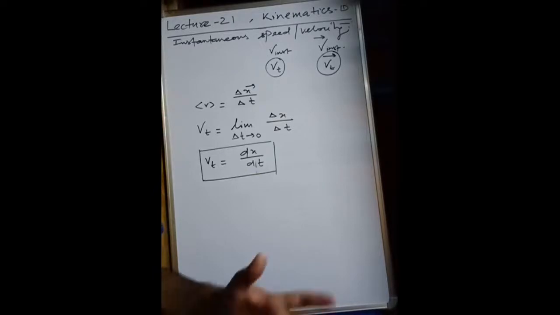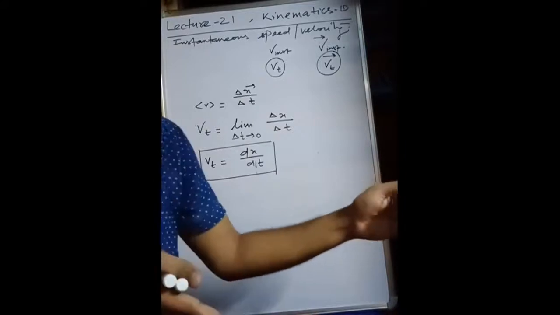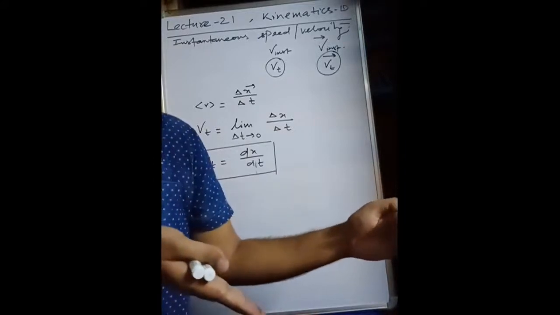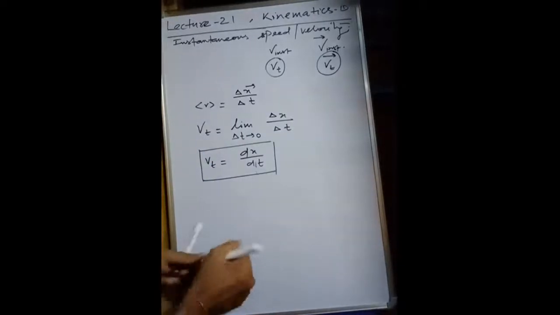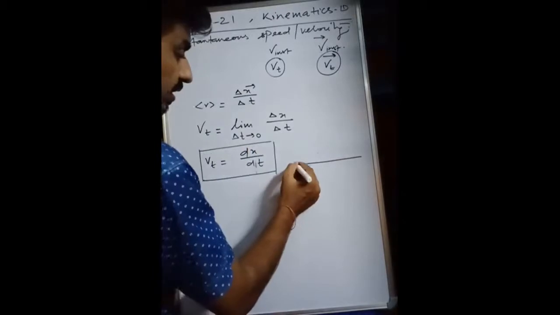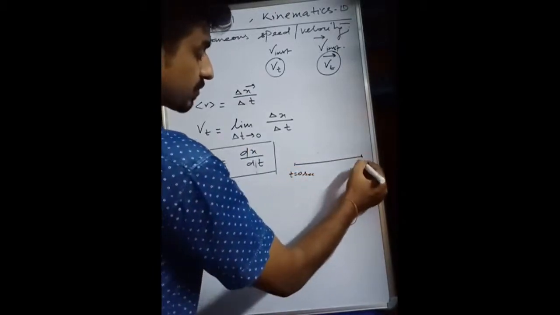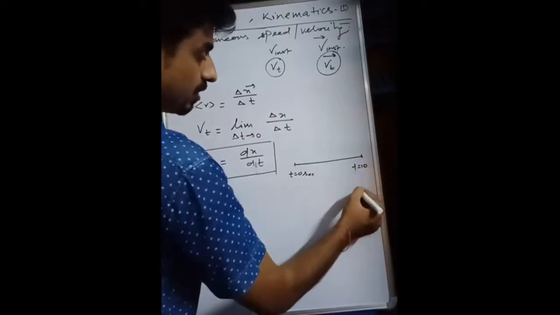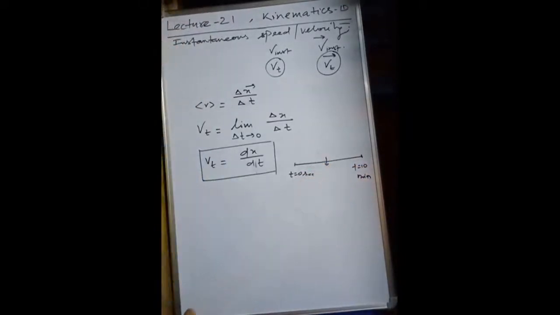It means if you have taken a long journey, you have to shorten the time interval. Suppose this is your journey. Try to understand, my dear student. The time started from here, the 0 second, and here it is, suppose, 10 minutes. You have to find the speed at this point.